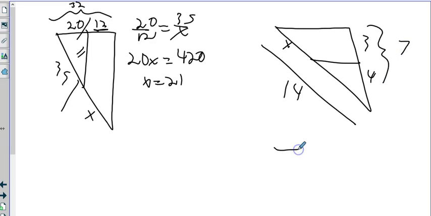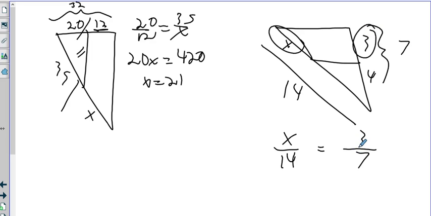Okay, so when you set up your fractions, you put the whole on the bottom. We're looking for this piece here over 14, and that means we're looking for this over here, and now we just cross multiply. 7x equals 42. Divide by 7, x is 6.